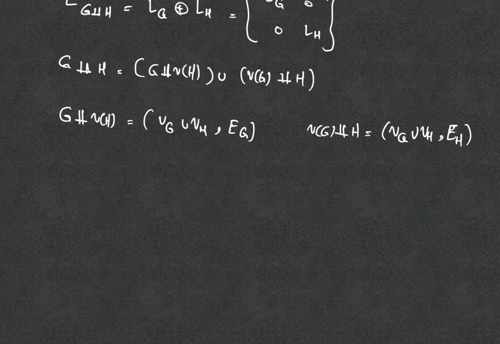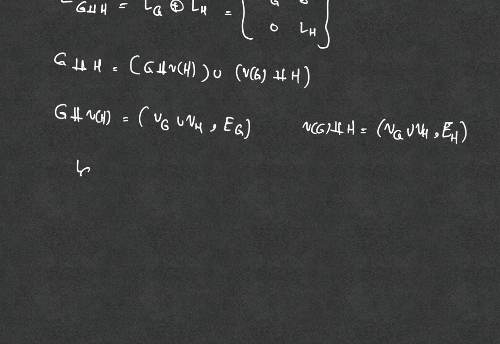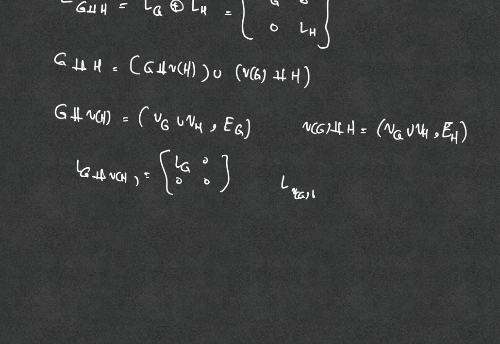So based on the previous properties, we know that L of this is going to be L_G, 0, 0, 0. And you know that for this one, this is going to be 0, 0, 0, L_H. And these two have the same dimensions.